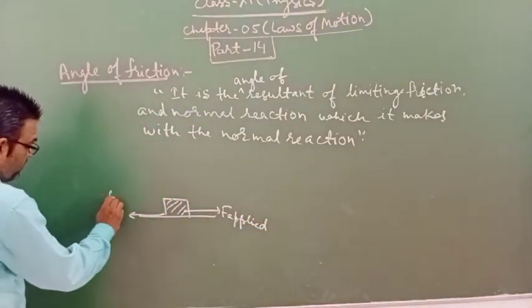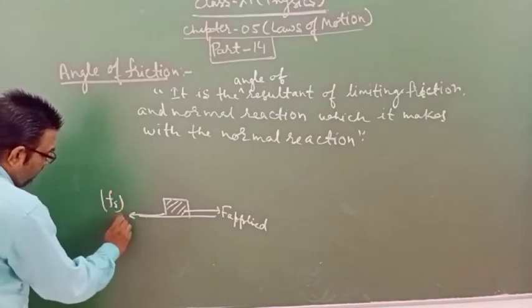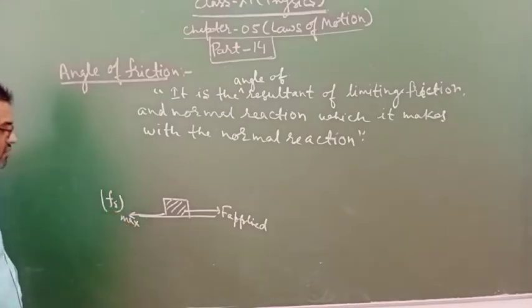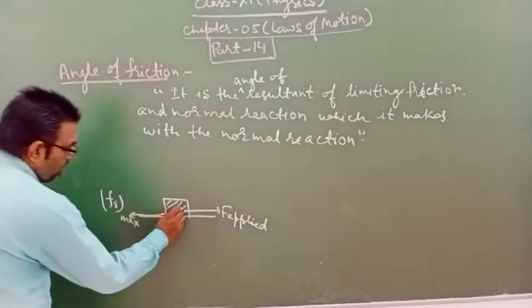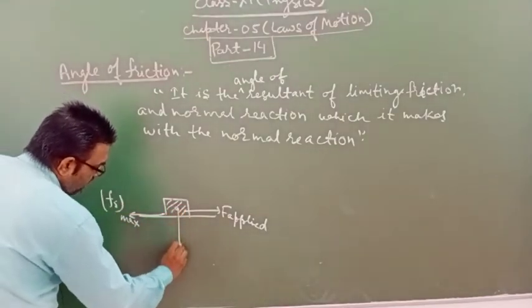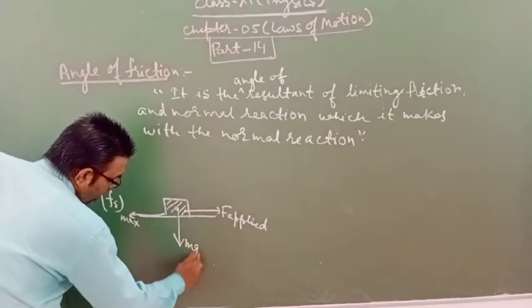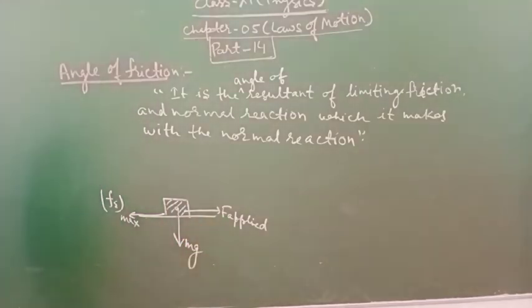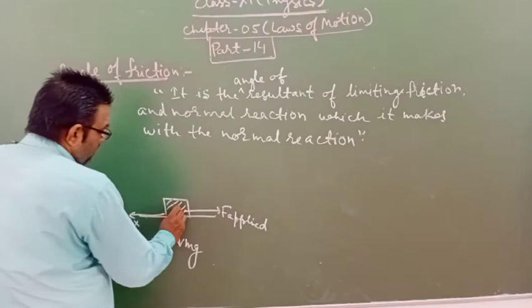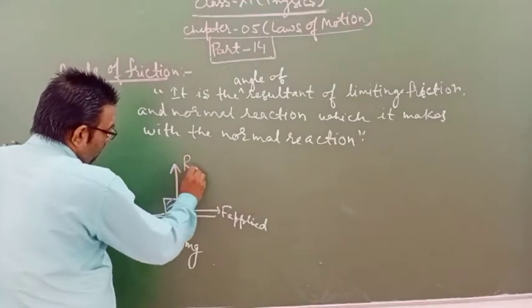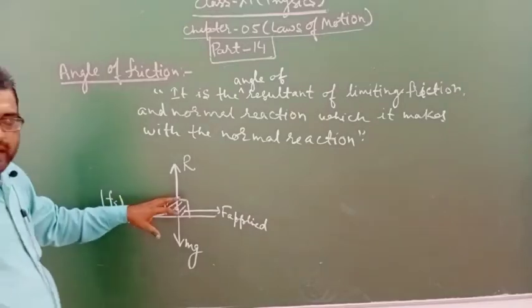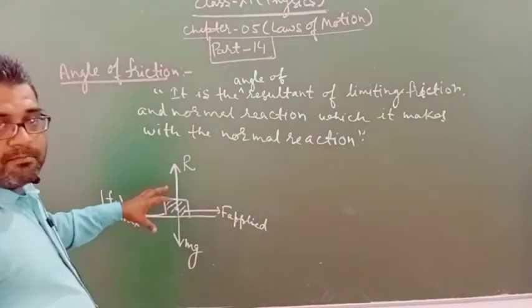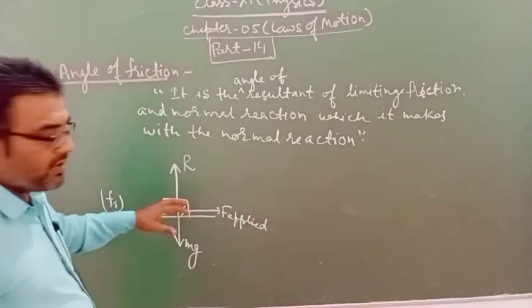So the friction generated is Fs max, the value of limiting friction. If the mass of the body is m, then its weight is mg, and due to this weight, by Newton's third law, there is a normal reaction R. So this is the free body diagram of this mass m kept over the rough surface.